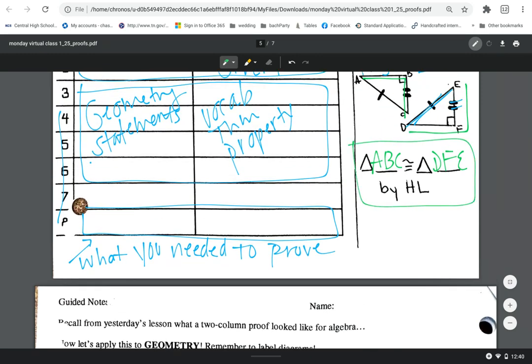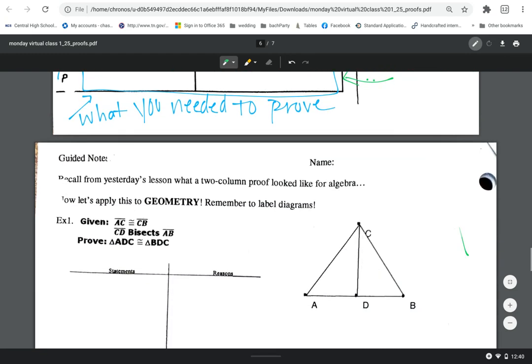So this will normally be your last statement in your proof. This part will be on the left side and then HL would be on the right side. But sometimes we'll be proving different things.